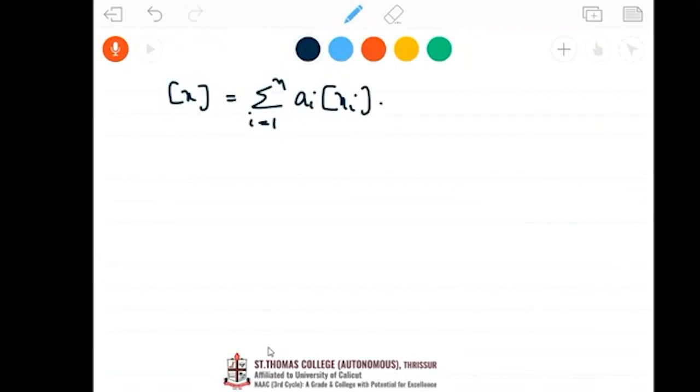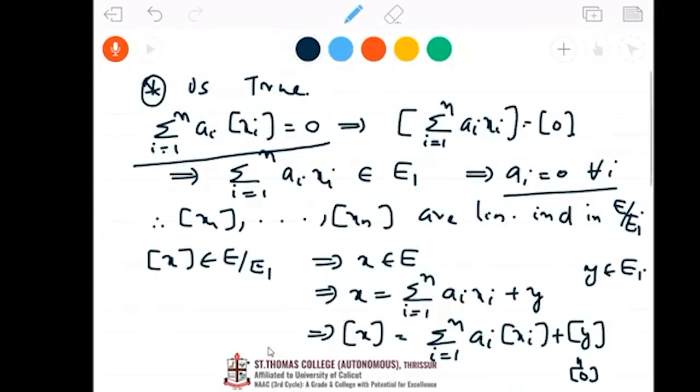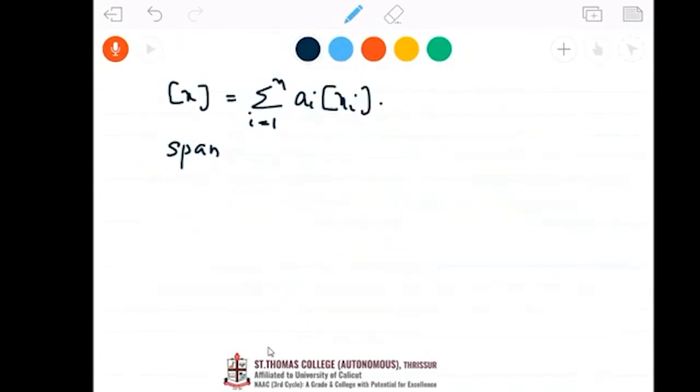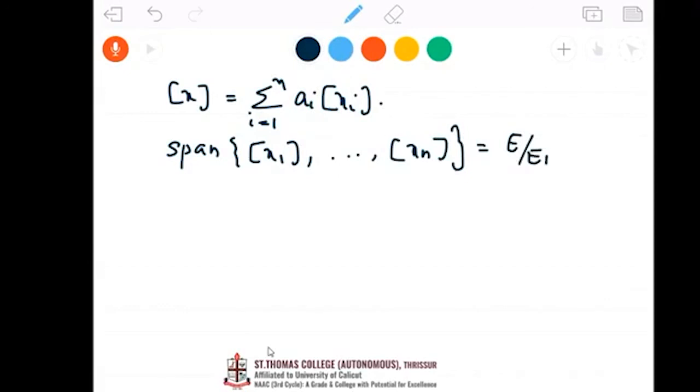That means any element of E over E1 can be expressed as a linear combination of class x1, class x2, etc., class xn. So the span of the cosets of x1, etc., xn is the entire E over E1.